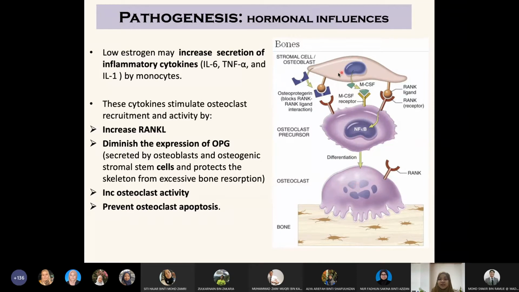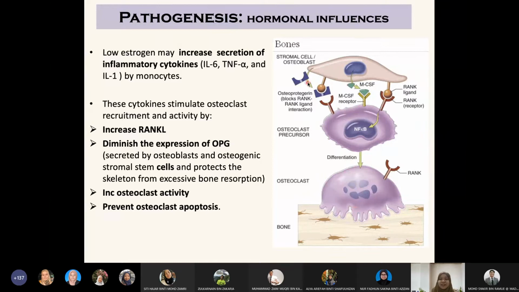So this is your osteoblast. This is the osteoclast precursor. At the osteoblast, we have the RANK ligand, and at the osteoclast precursor, we have the RANK receptor. So the RANK ligand will bind to the RANK receptor, and this will stimulate the osteoclast precursor to differentiate into the osteoclast. Osteoclast will cause bone resorption.